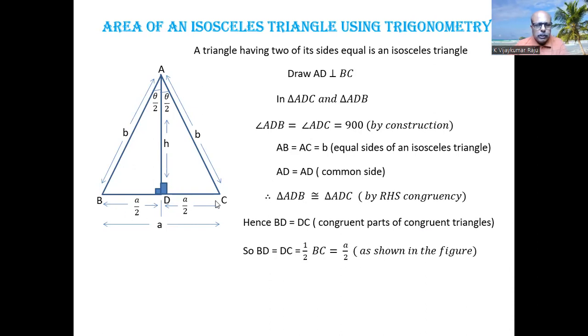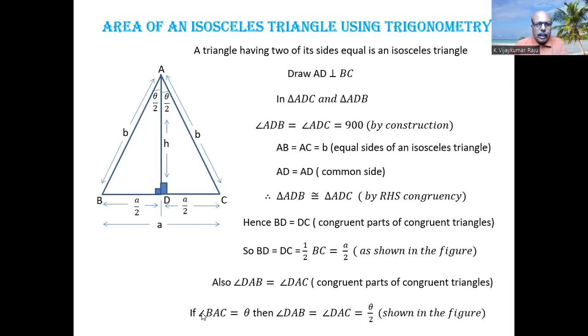So A by 2, A by 2. Also these two angles are congruent because they are congruent parts of congruent triangles. Therefore, angle BAC is equal to theta and these two angles are both equal to half of that, theta by 2. This is already shown in this figure.